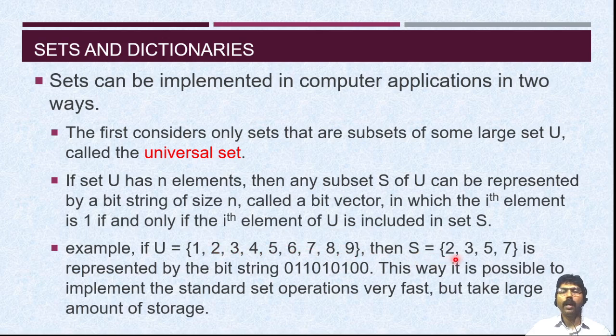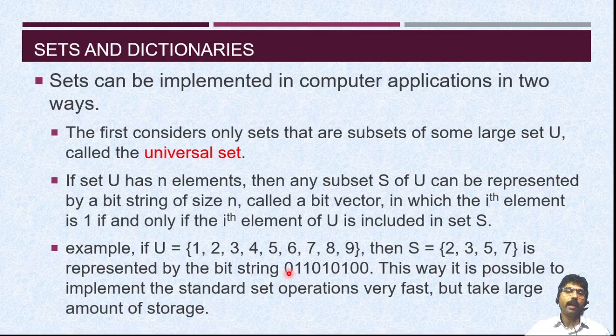Now I have created 2, 3, 5, 7, by specifying the bit string 0, 1, 1, 0, 1, 0, 1, 0, 0, 0. These values are stored in S. What is the meaning here? Wherever 1 is there, that number is part of S.